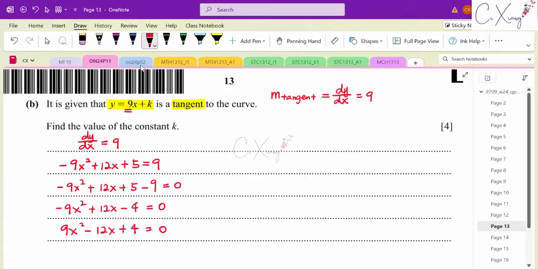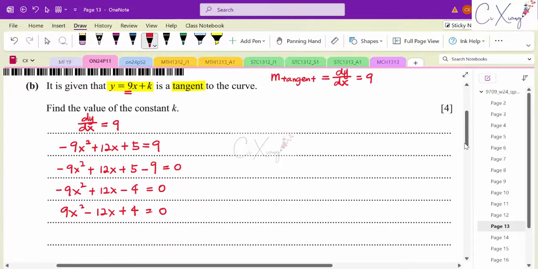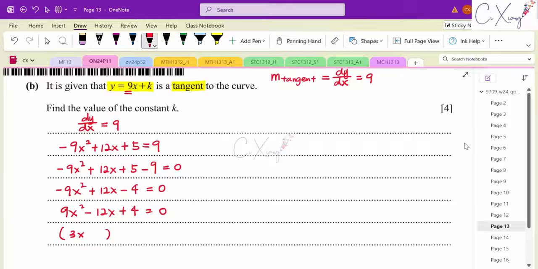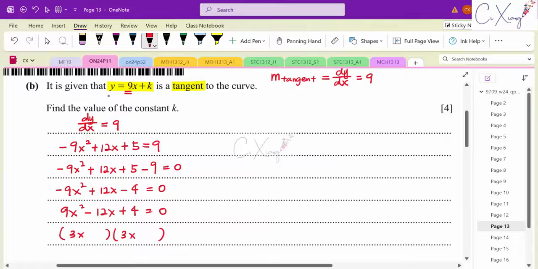Okay, alright, now I want to get the value of x because I want to know at which point they will give me the gradient of tangent equals 9. And again, from here, you can try to factorize them. Since they did tell us that this is a tangent to the curve, that means this particular line touches the curve at one point.